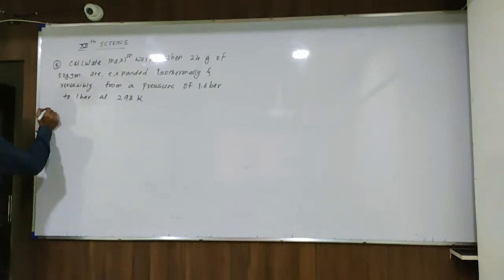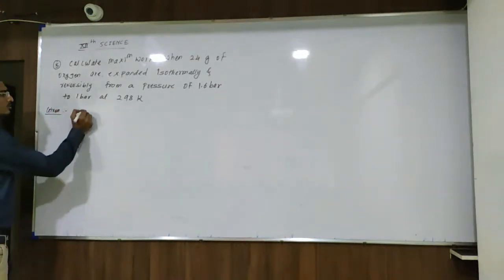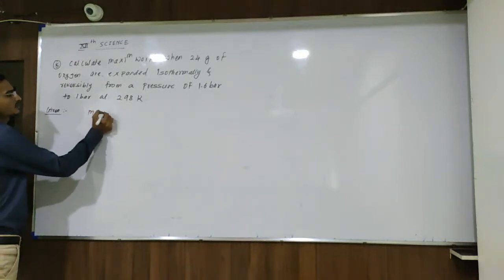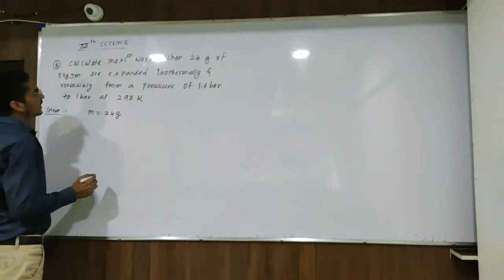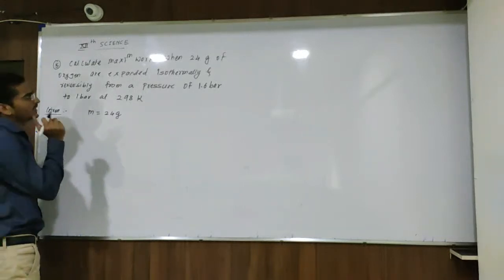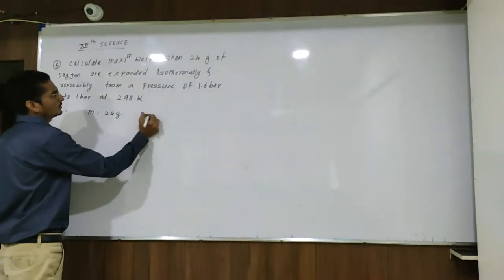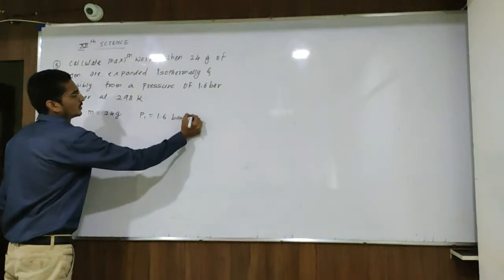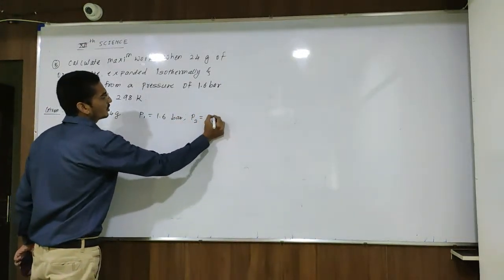Okay, so first of all write the given quantities. You have to find the maximum work, no doubt, but here you are given the mass of oxygen, that is 24 gram. It is expanded isothermally and reversibly from a pressure P1 of 1.6 bar to pressure P2 of 1.0 bar.